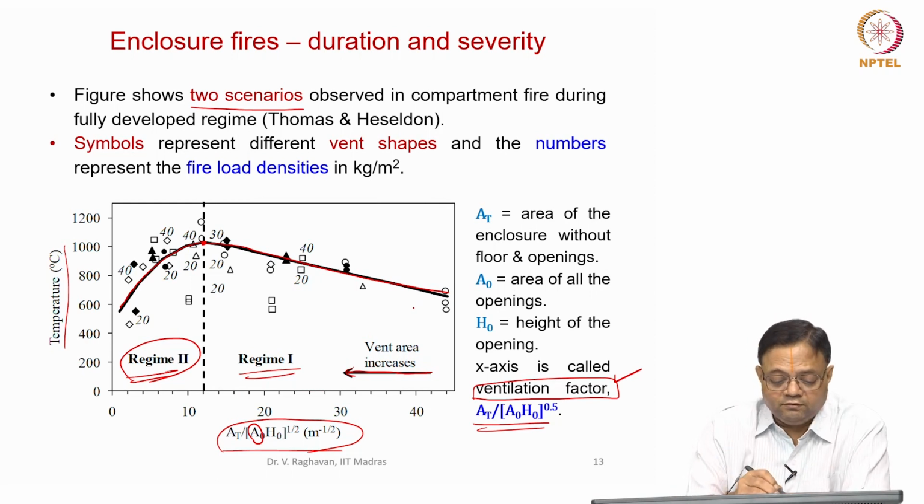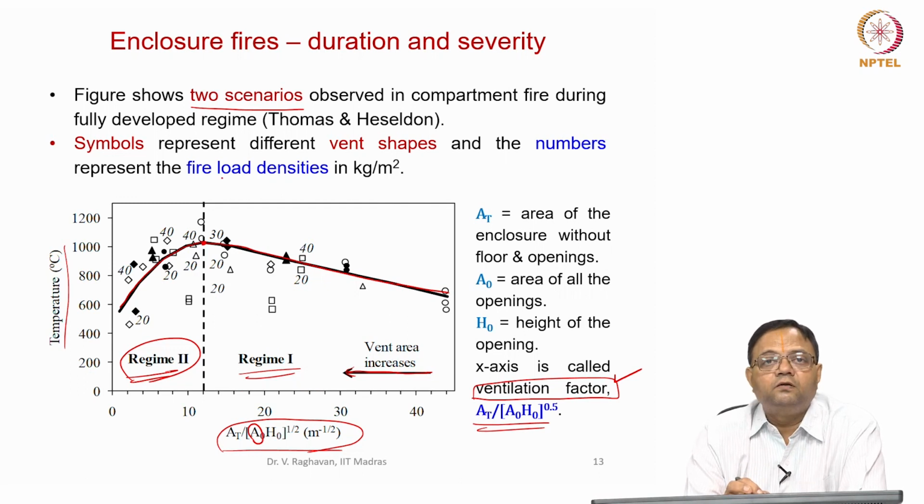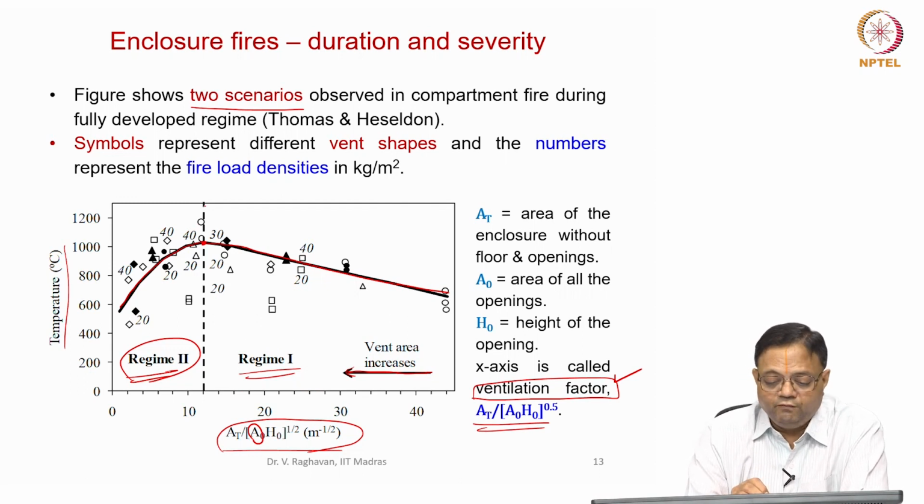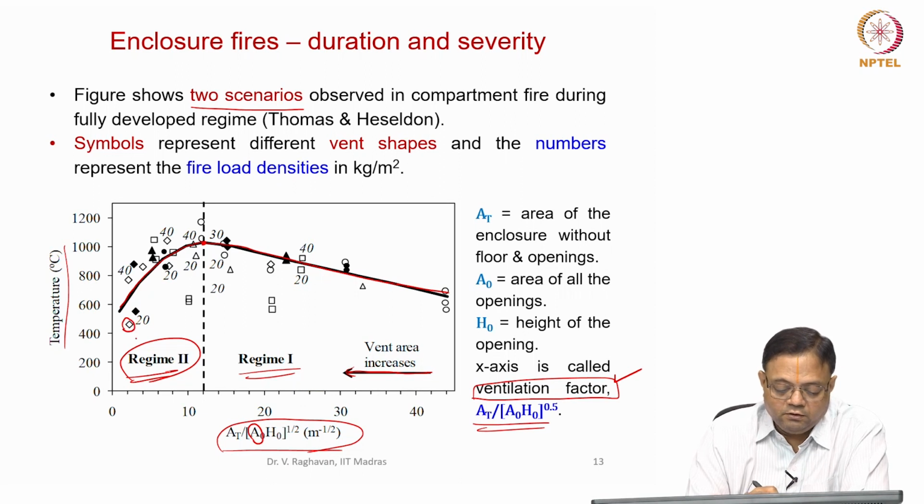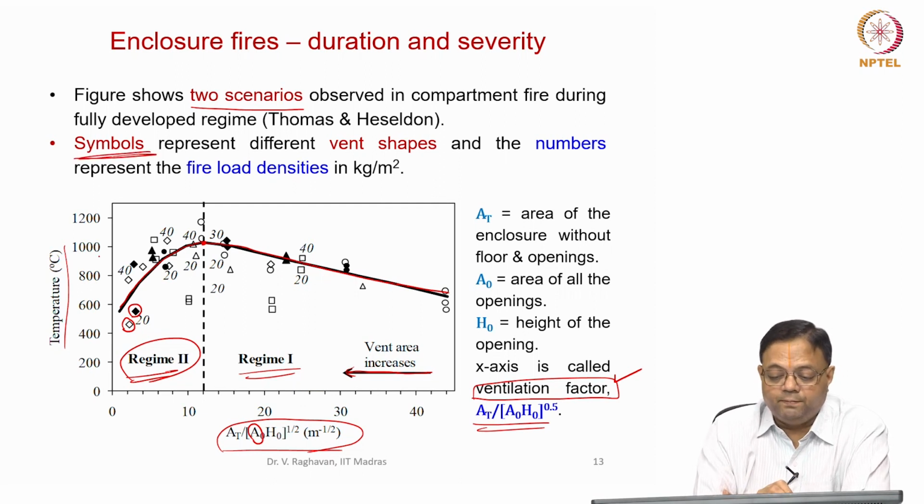Now in this, data from several experiments have been included. For example, if you take, say, this open rhombus or fully shaded rhombus, then squares, circles, etc., the symbols of different shapes represent different vent shapes.